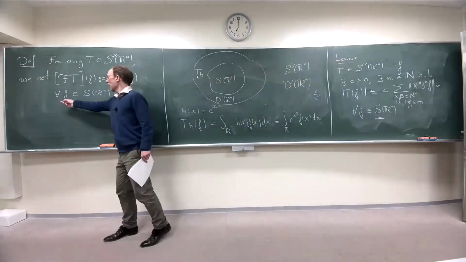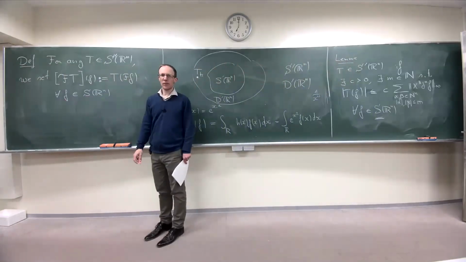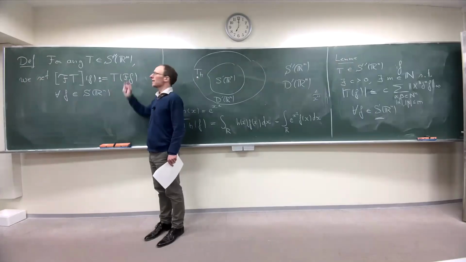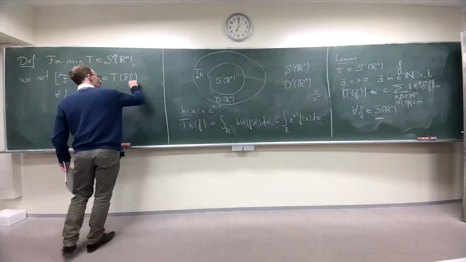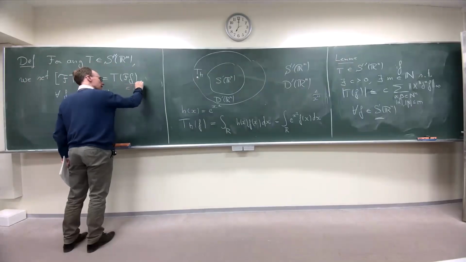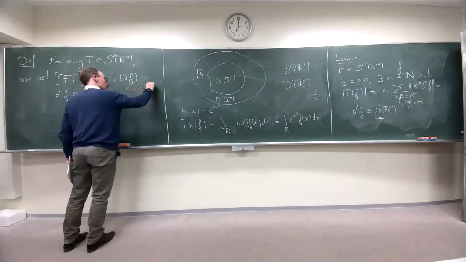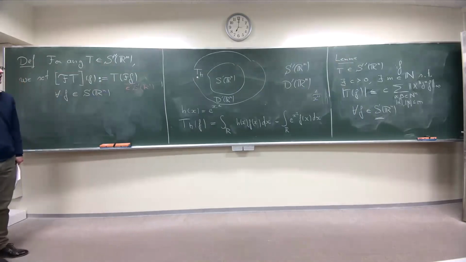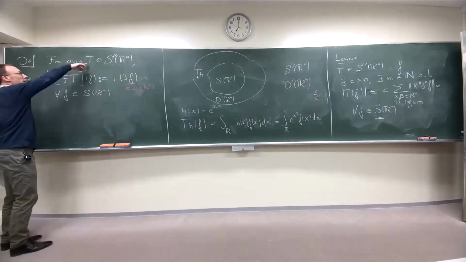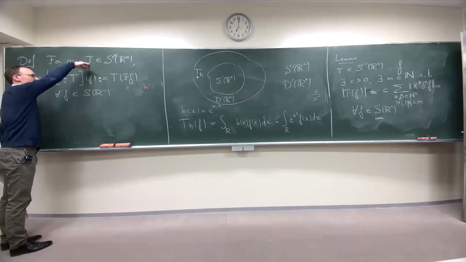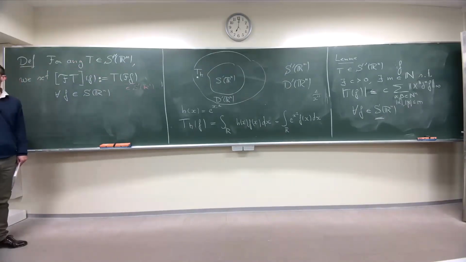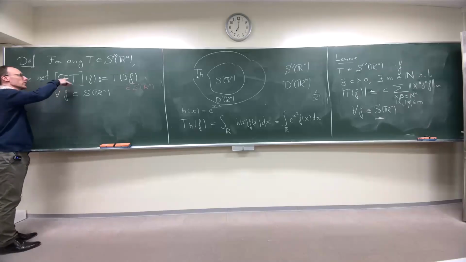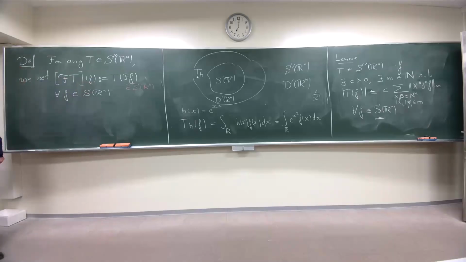If I take an F in this set, the Fourier transform is in this set. So this is again in the set of Schwartz functions. And precisely, a tempered distribution can be applied to a function in the Schwartz space. So this is well defined. And so I define the Fourier transform of T evaluated at F as this. The right-hand side is well defined.